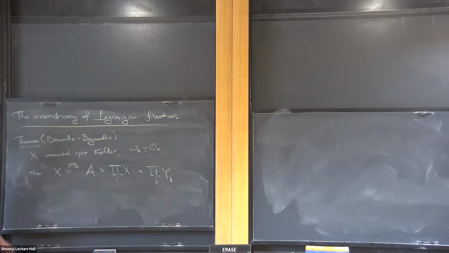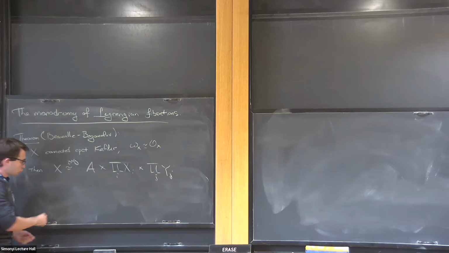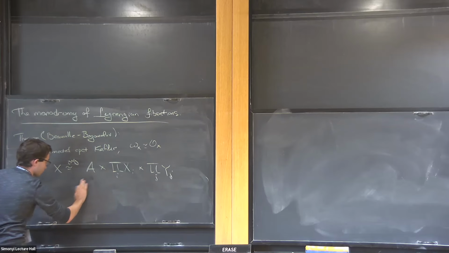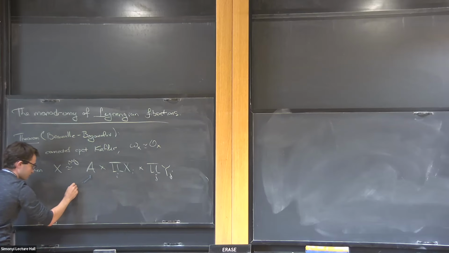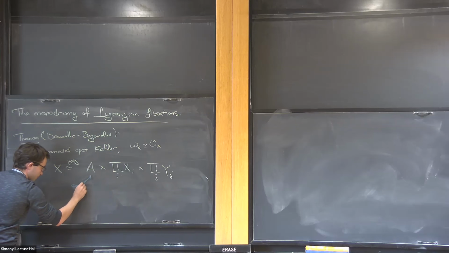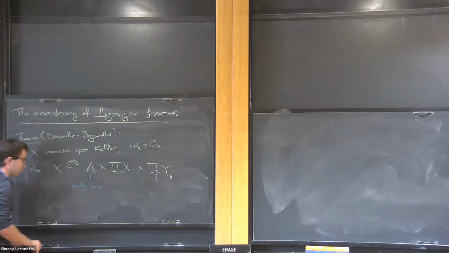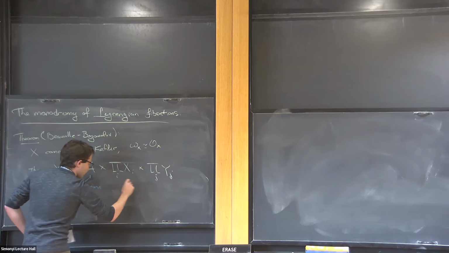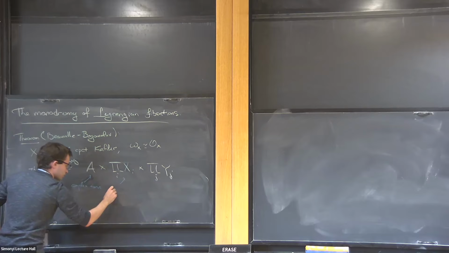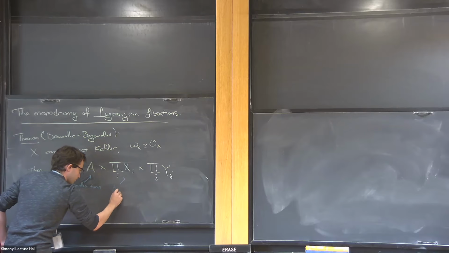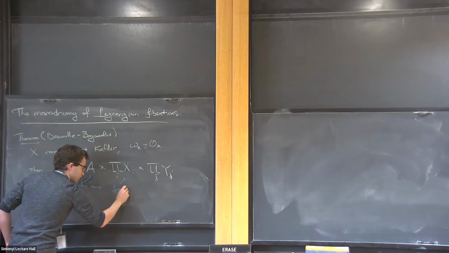Okay, where the components in this product. So this guy is the most straightforward. A here is a complex torus. So in particular, if this compact Kähler manifold was a projective manifold, then this would be an abelian variety. These Xi's are going to be what we call hyperkähler. We'll talk about them in a minute.